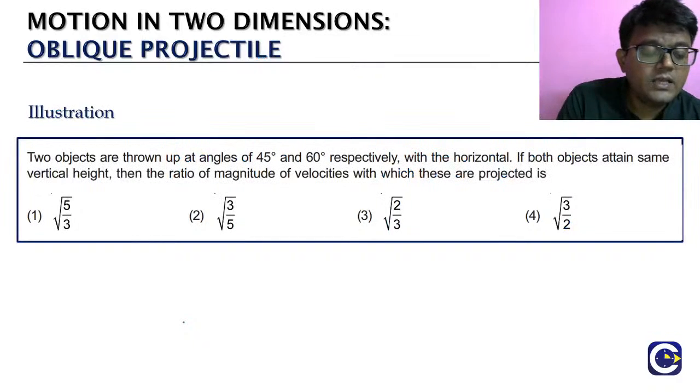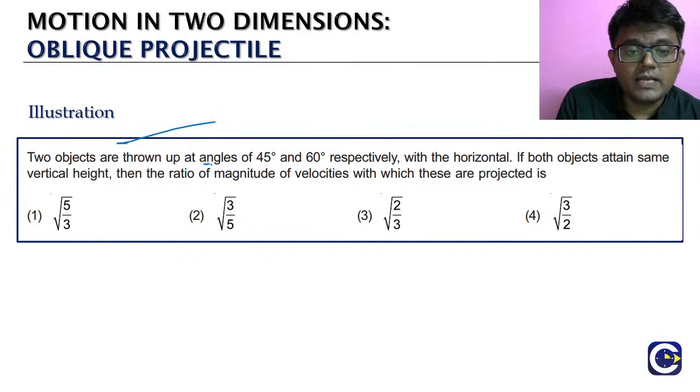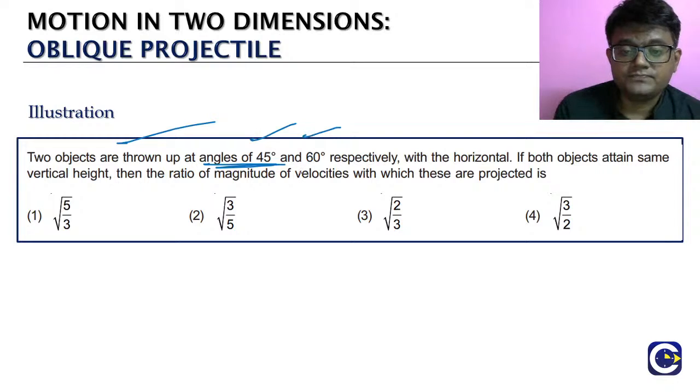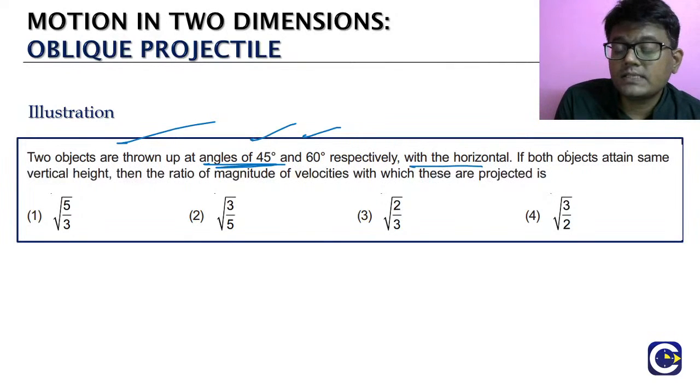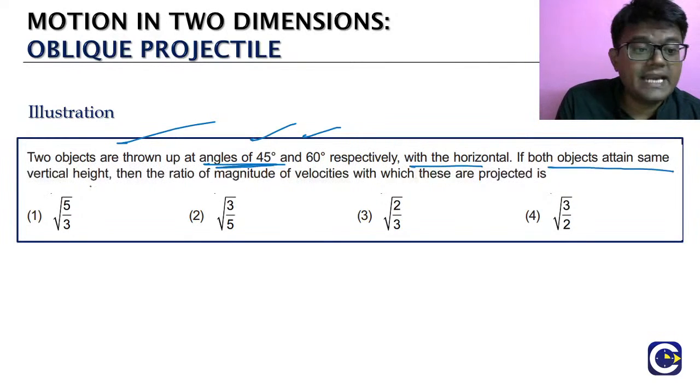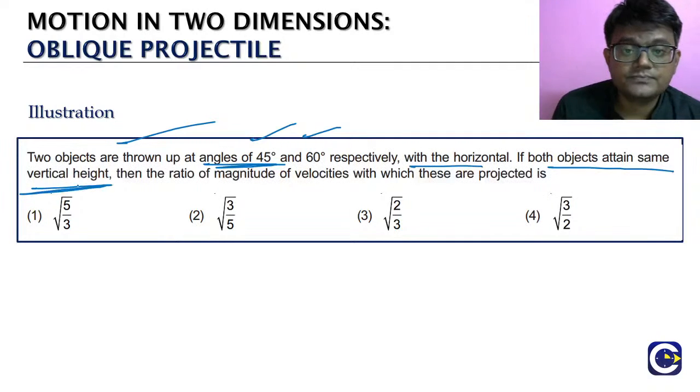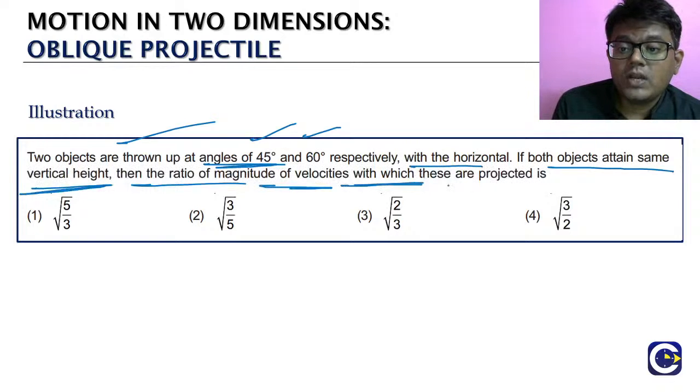Look at the question: two objects are thrown at angles 45 and 60. One object we are throwing at an angle 45, and one object at an angle 60 with the horizontal. If both objects attain the same vertical height, then the ratio of magnitudes of velocity with which these objects are projected.